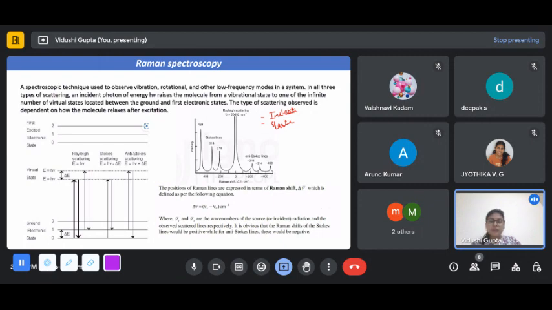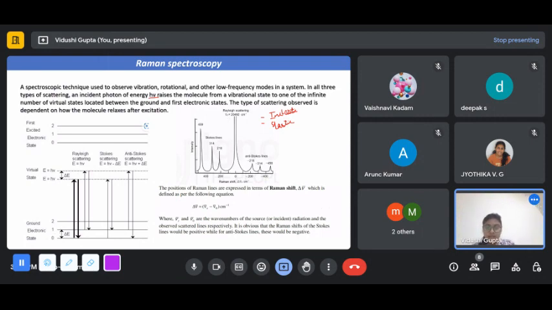When an incident photon of energy h mu raises the molecule from a vibrational state to one of the infinite number of virtual states located between the ground and first electronic states. Like here, these are different energy levels.